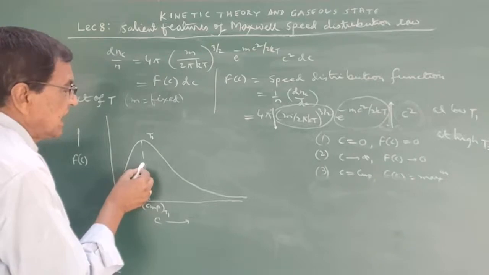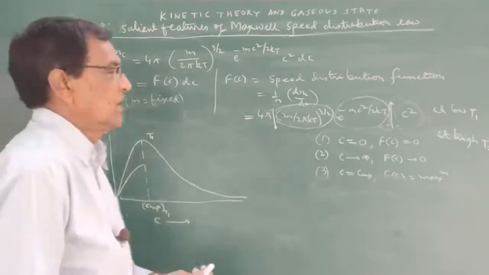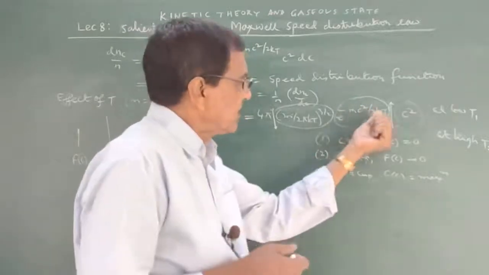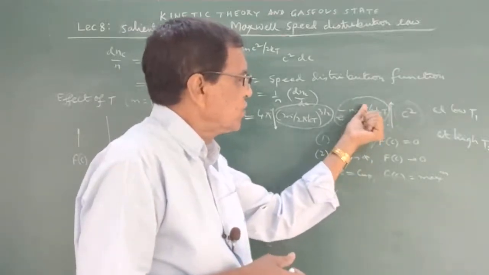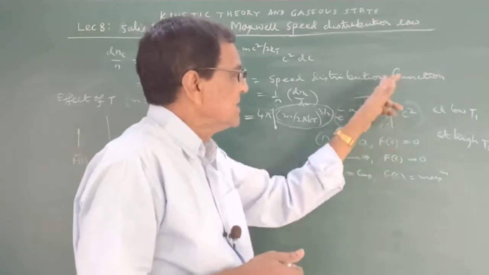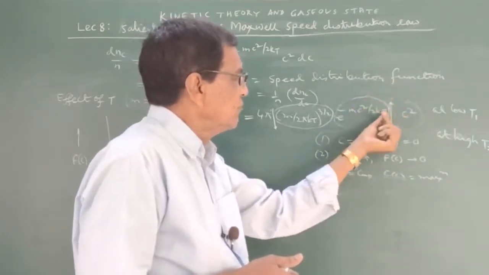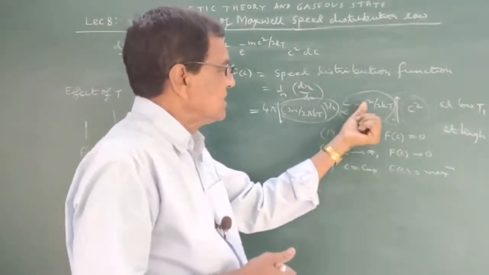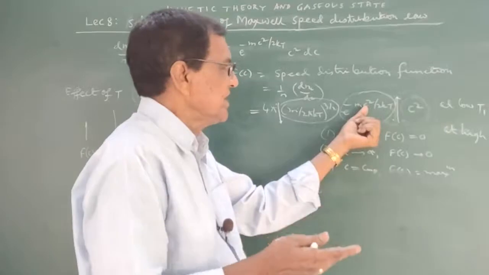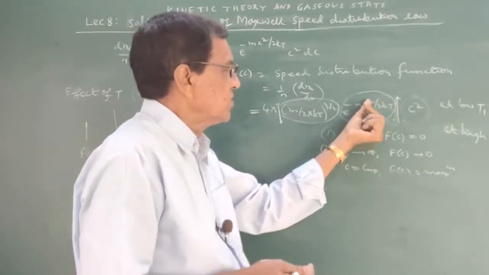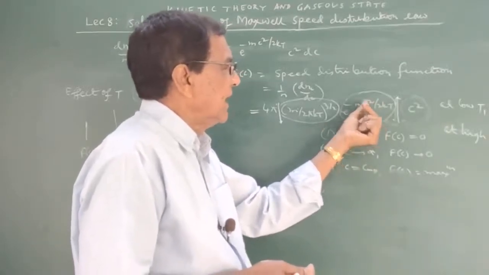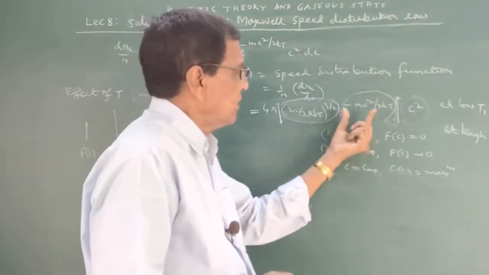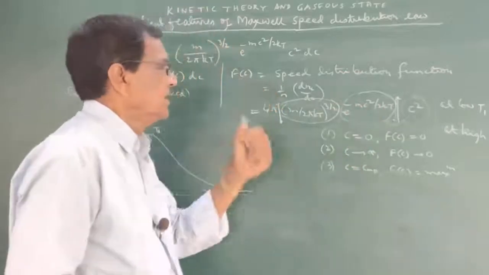And you can see another thing here. In a single term, you have these two factors, one is T and the other is c square. As T increases, this value increases. Again, as c increases, the c square term will dominate and try to decrease the value of the exponential term, and so f(c) changes.